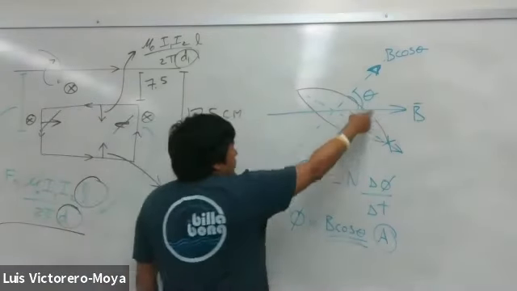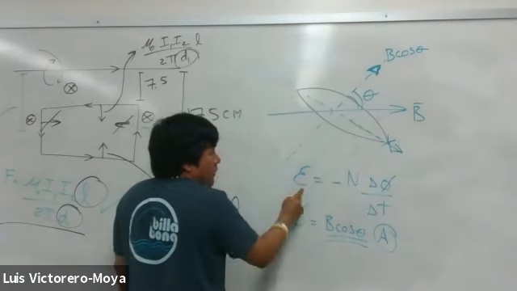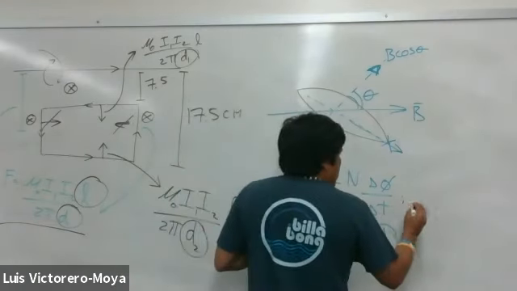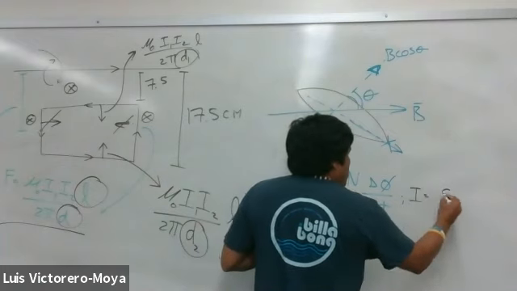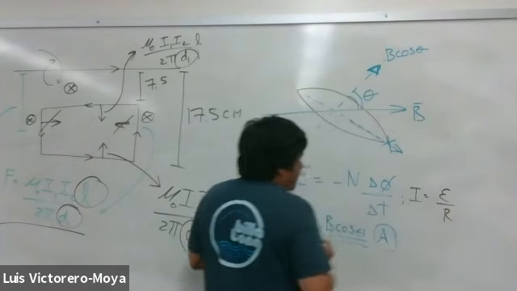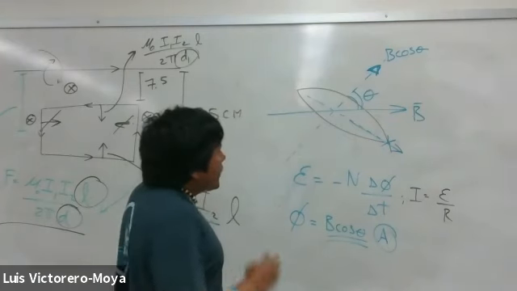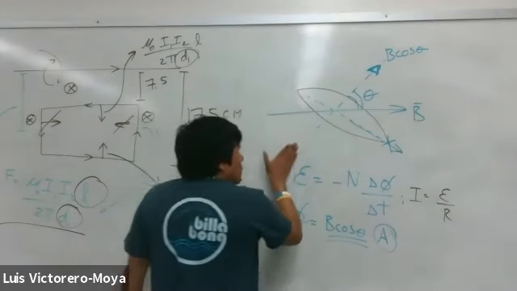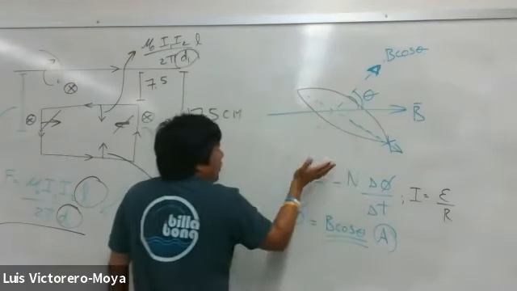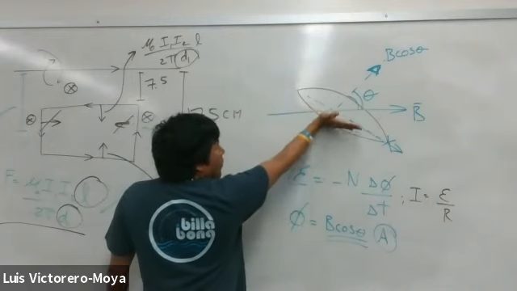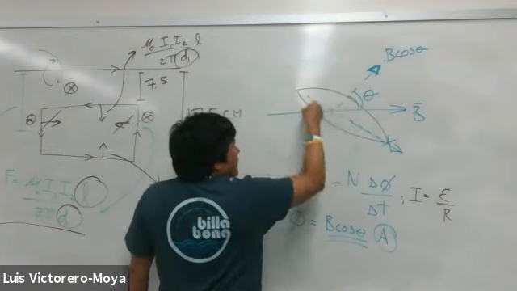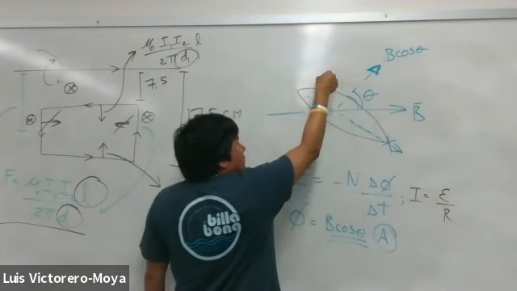So the induced current, if you have an EMF, the induced current is E over R, and I gave you R, has to create a field going also like that to make up for the decreasing. So it has to go like this.